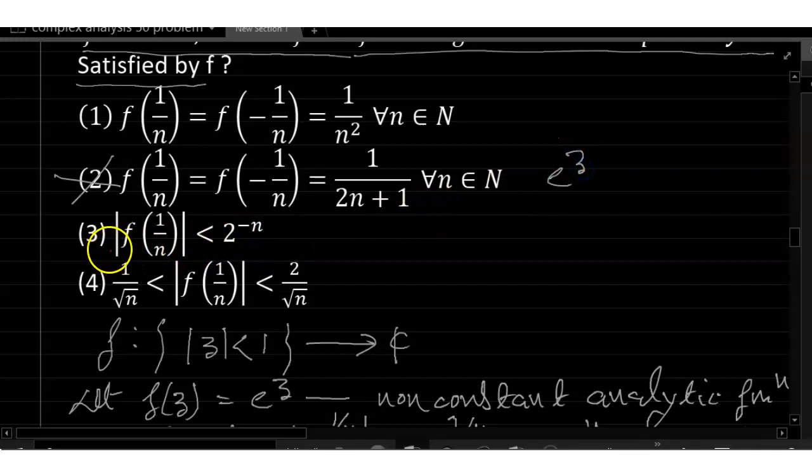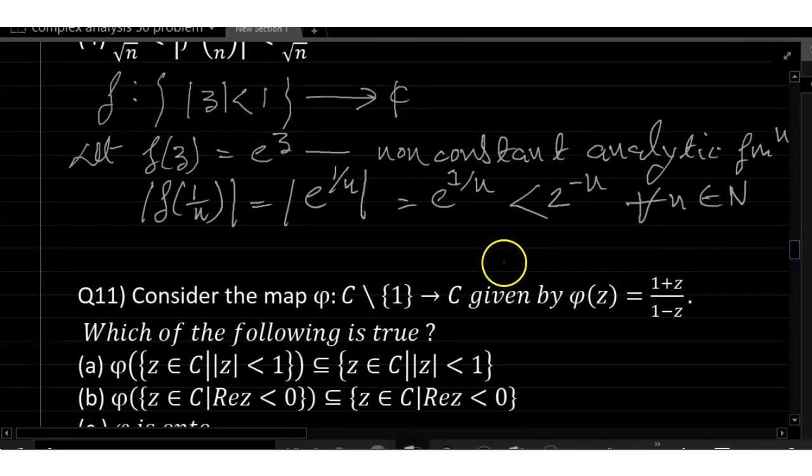Also, e to the power 1/n less than 2 to the power minus n is not possible.